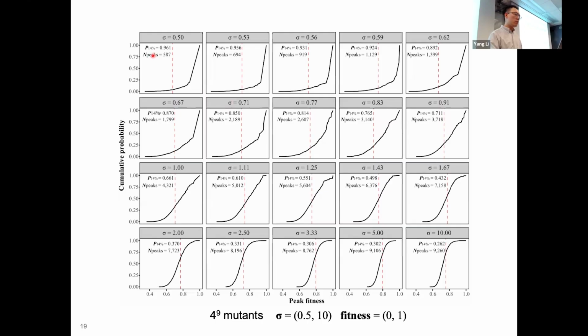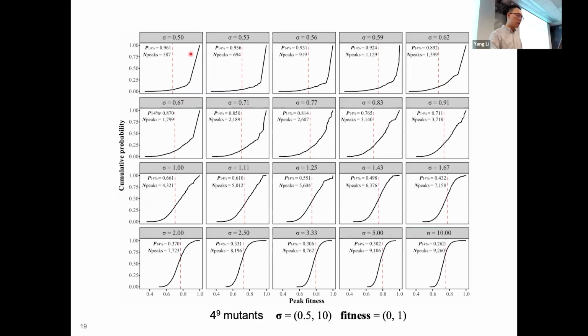When we look at reaching the top 40%, the probabilities start from 96% and decrease, going to 18, 17, 16, and here it decreased to 26%.